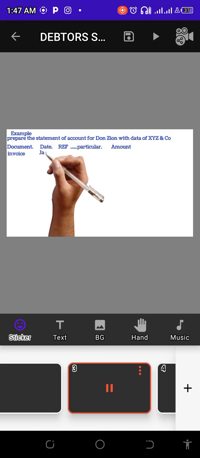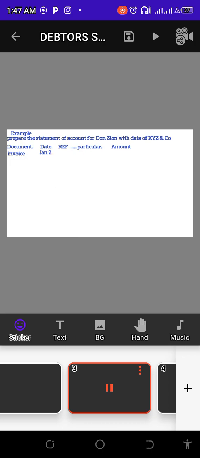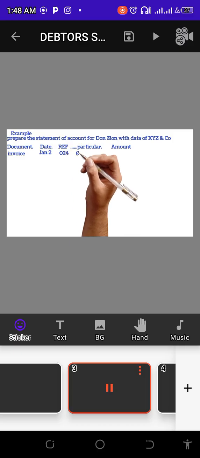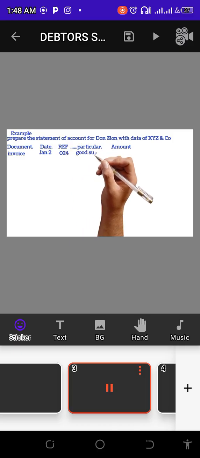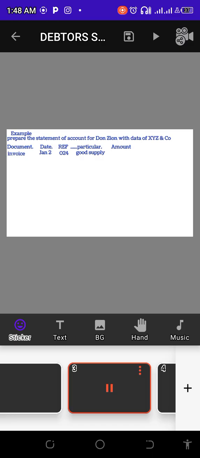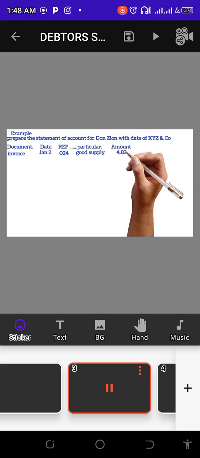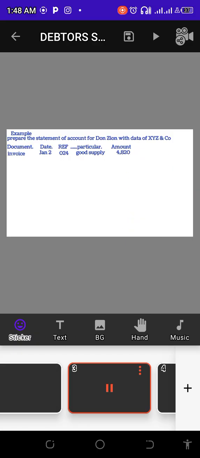By January 2nd, there was an invoice. The ref number of the invoice is 024. The particular or the details of the transaction is goods supply, and the amount is given as 4,820.